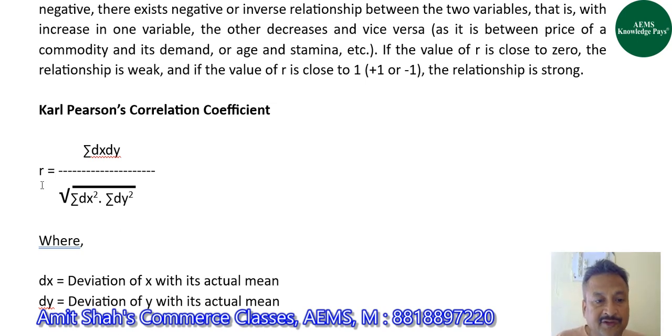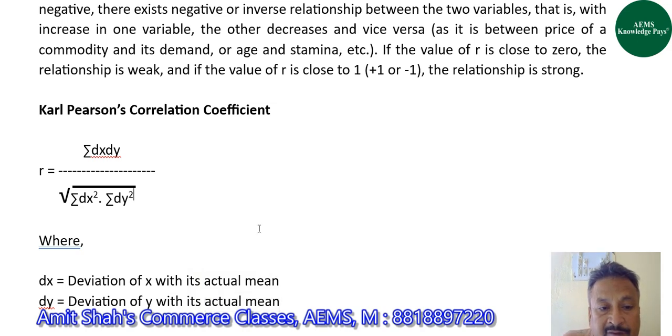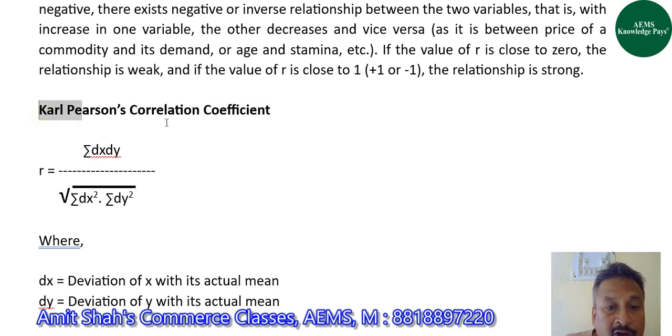So this formula we use only when we want to consider actual mean. We will see one more formula where without calculating mean, you can find correlation coefficient with assumed mean. Have you got me? Note down this much, all.